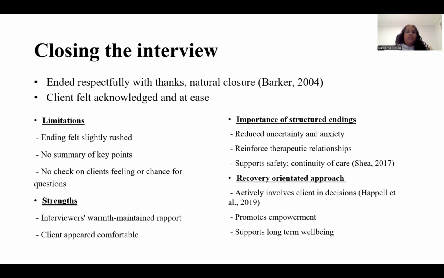Structured endings are essential in clinical practice as they reduce uncertainty, support safety, and reinforce a therapeutic relationship. In addition, adopting a recovery-oriented approach ensures the client is not only listened to, but also actively involved in decision-making. This promotes empowerment, increases adherence to treatment, and supports long-term well-being.